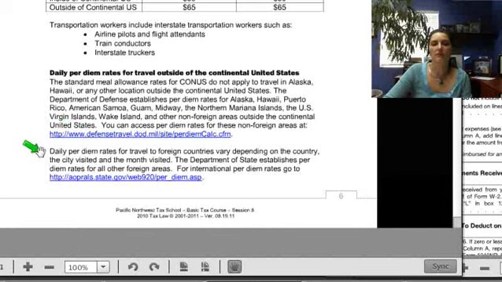There are also daily per diem rates for travel to foreign countries, and these vary depending on the country, the city visited, and the month visited. The Department of State establishes per diem rates for all other foreign areas, and for these international rates, please follow the link that we've given you inside your course manual.